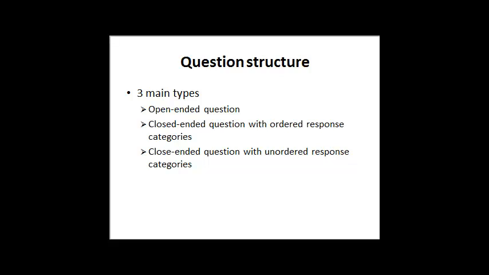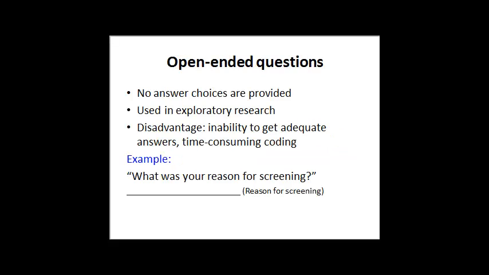Now, question structure can be divided into 3 main types. One is the open-ended question, next is the closed-ended question with ordered response categories, and thirdly is the closed-ended question with unordered response categories. So let's look at these in a bit more detail.